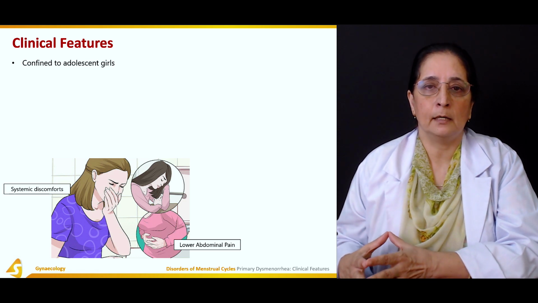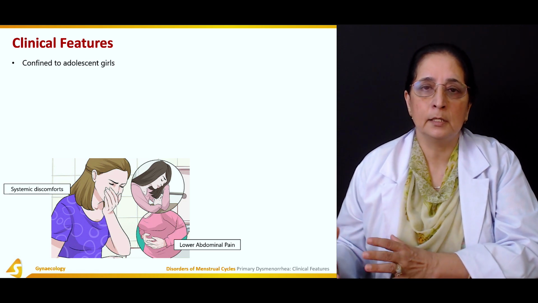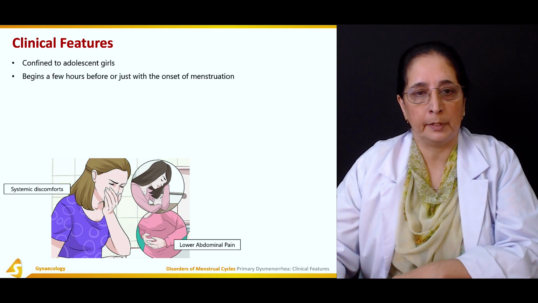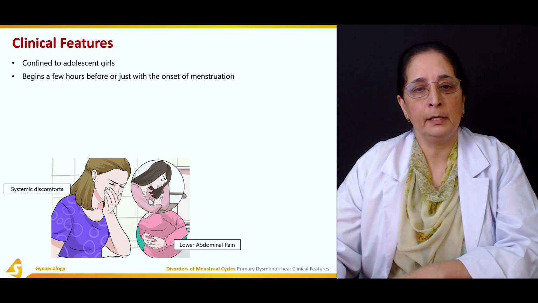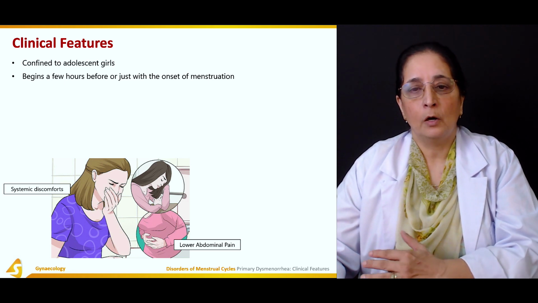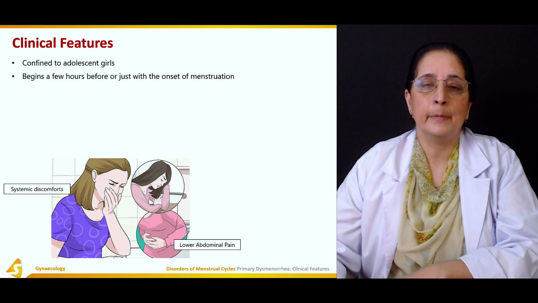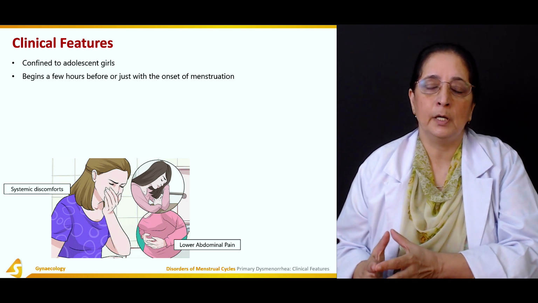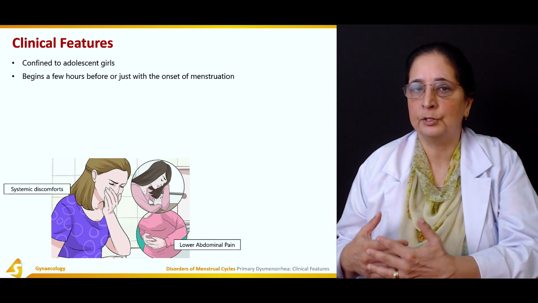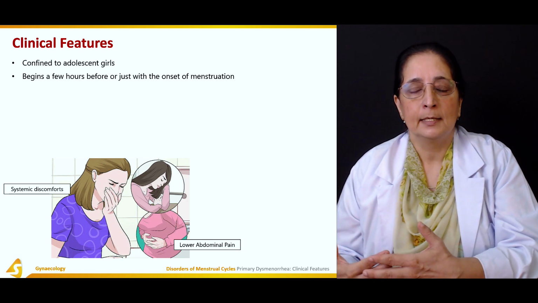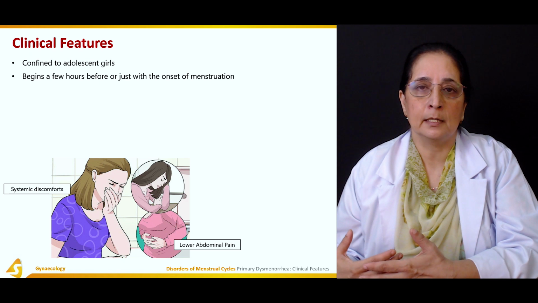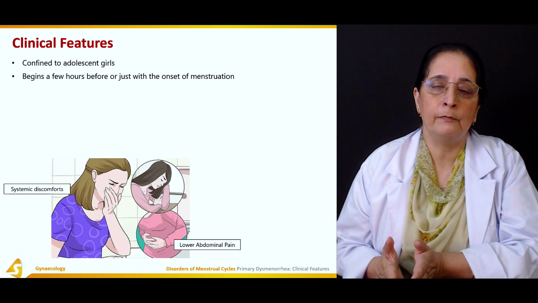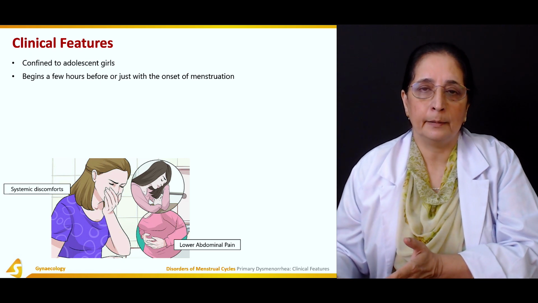Usually these are the girls who present with primary dysmenorrhea. It begins within a few hours before or just with the onset of menstruation. It's very common that people who have dysmenorrhea get an indication that the cycle is coming because they have lower abdominal discomfort, usually a day before the bleeding starts.